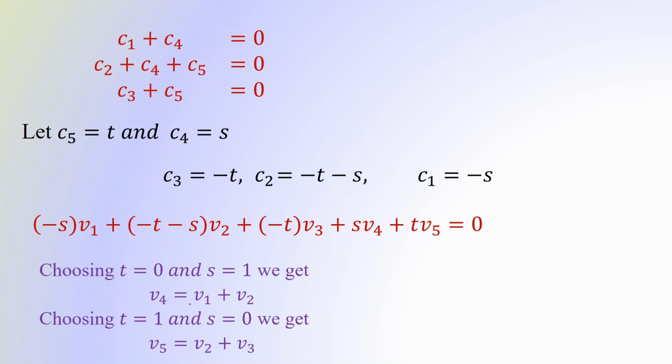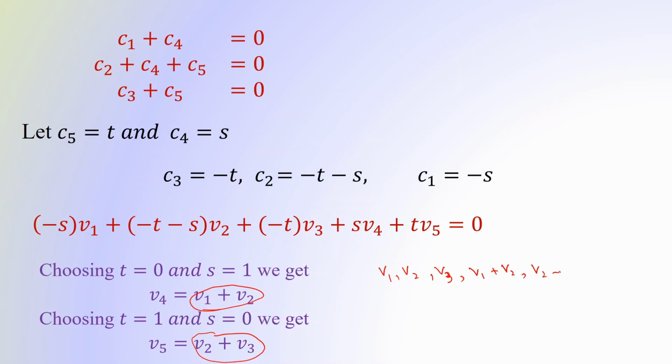So V4 can be written in terms of V1 and V2, and V5 can also be written in terms of V2 and V3.